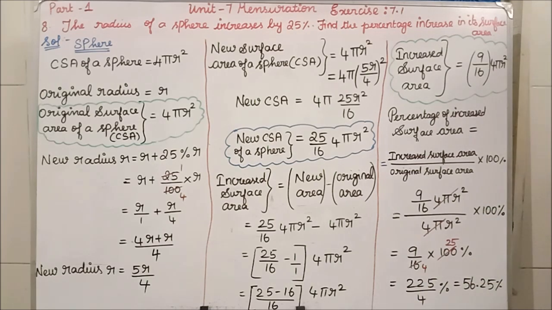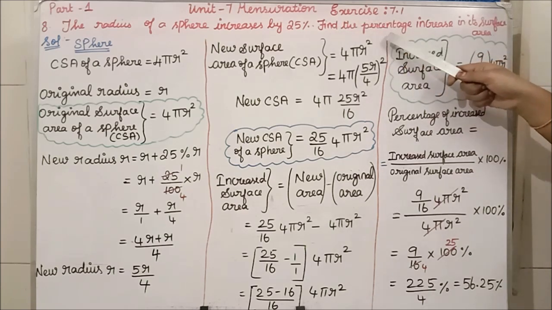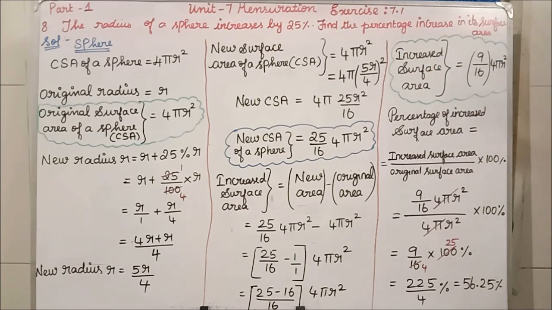Clear all of you? Now we have found the increased surface area value. But in the question they are asking for the answer in the form of percentage. In the question they are asking to find the percentage increase in its surface area. We don't need it in this form, we need it in percentage form.